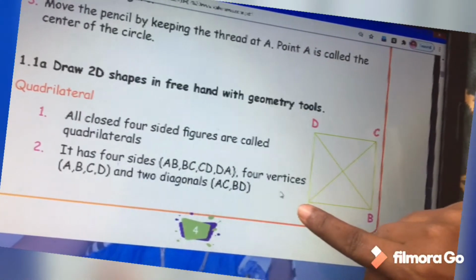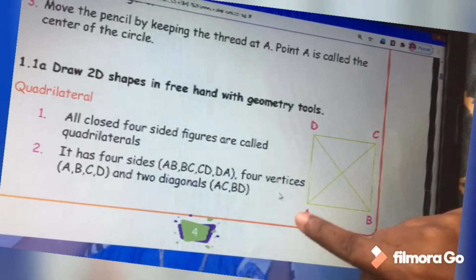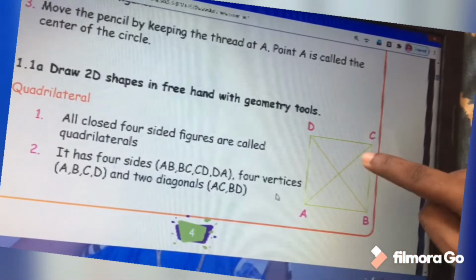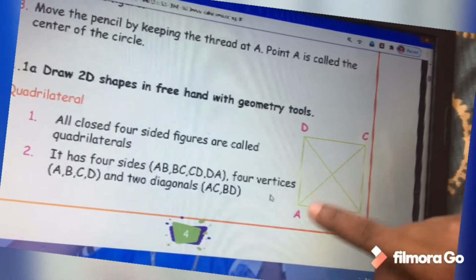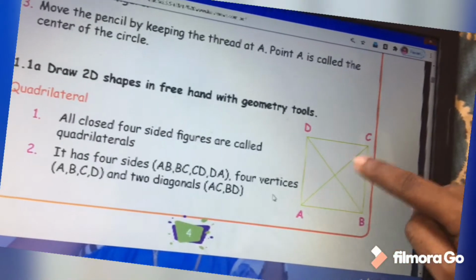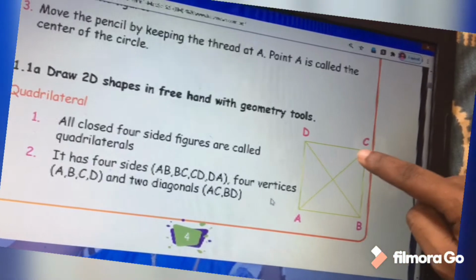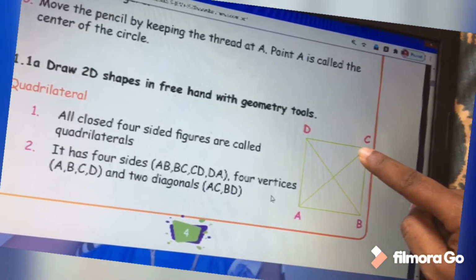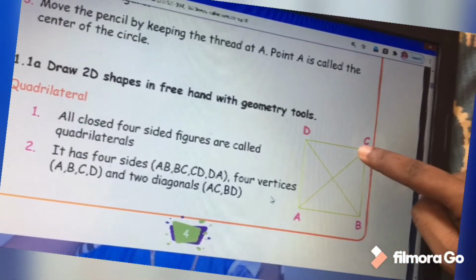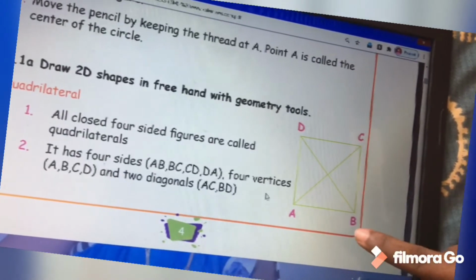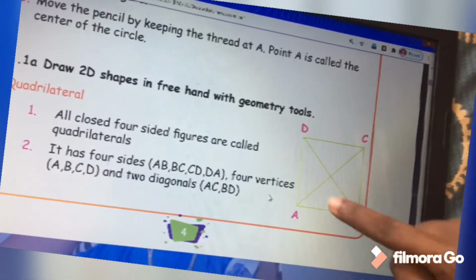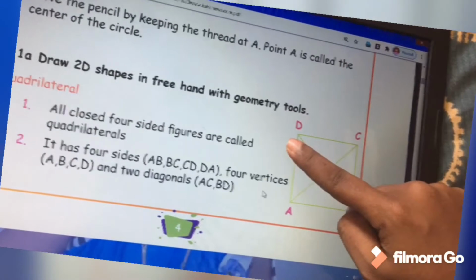See, the opposite corners are joined, no? That is called a diagonal, a line towards opposite corners. The opposite of A is C. So a line from A to C is called one diagonal, and a line from B to D is another diagonal.